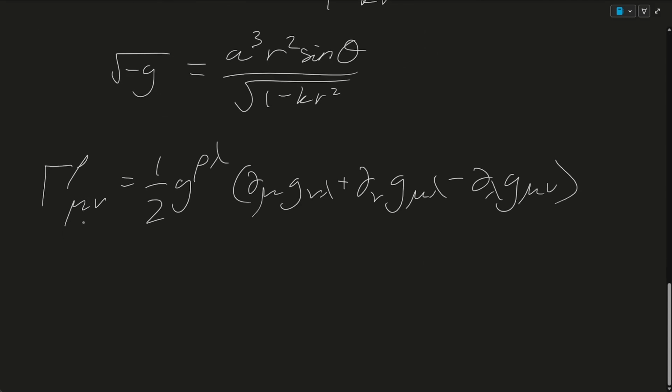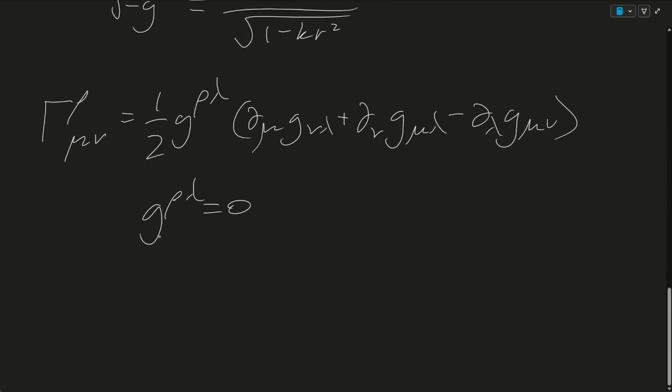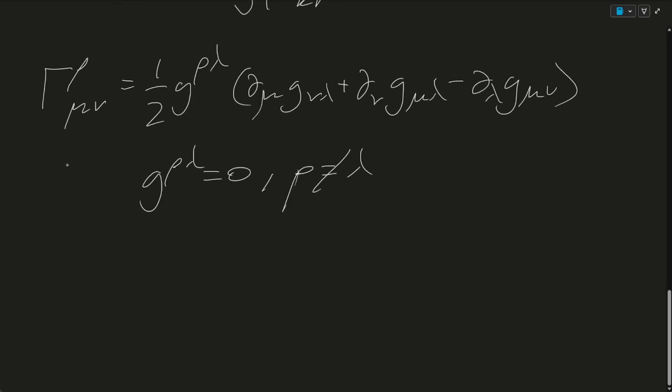Nice. We have our diagonal metric, so g to the rho lambda is equal to 0 where rho does not equal lambda. And this just collapses into a single term.